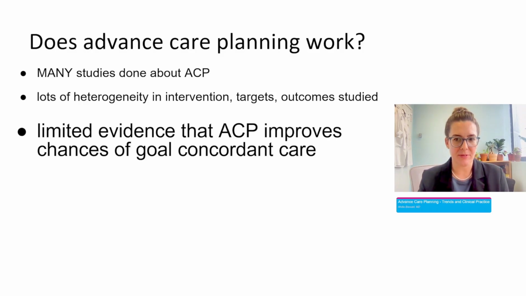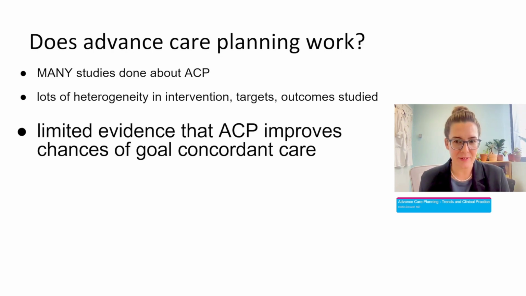And many outcomes have been studied at the patient level, caregiver level, and healthcare system level. The outcomes are also quite heterogeneous. So process outcomes, including readiness for advanced care planning, action, for instance, completing an advanced directive or having a conversation, health status, including quality of life, anxiety, quality of care, including satisfaction with communication and care, as well as receipt of goal concordant care at the end of life, and utilization of healthcare, including ED and hospital admissions and days at home.